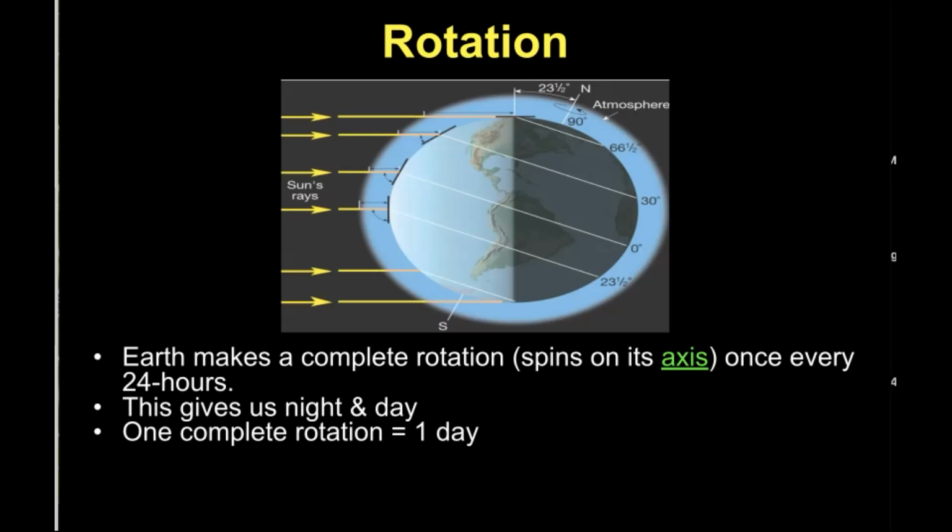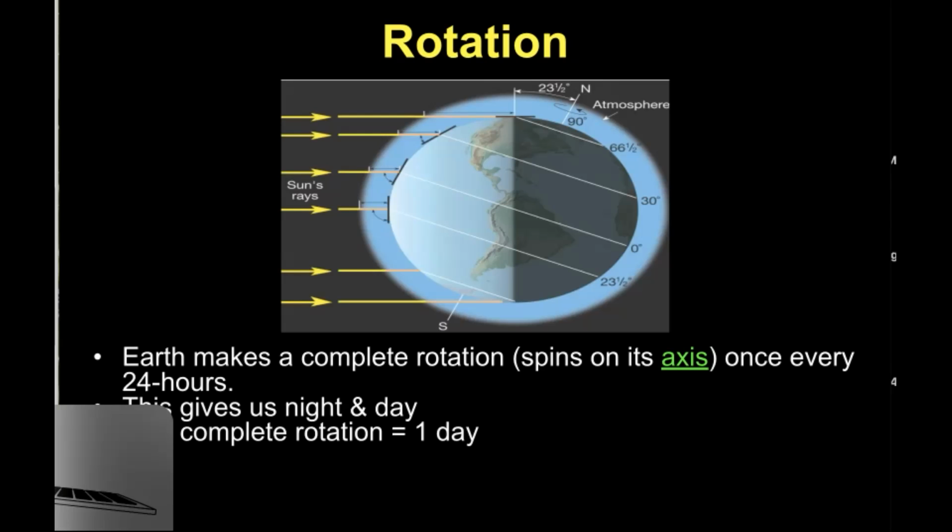I should raise my hand. Go ahead, Sahil. So the Earth is tilted 23.5 degrees relative to the sun. Yes.